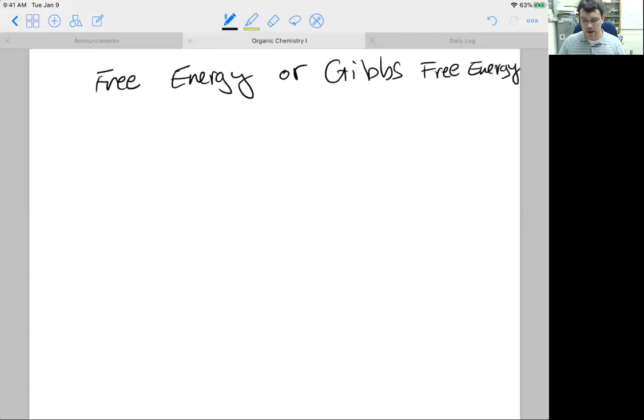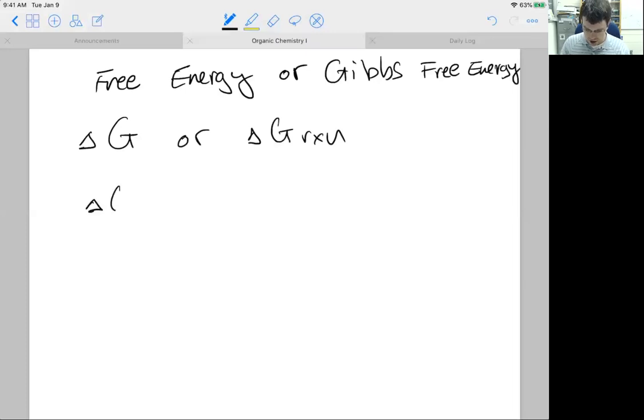So Gibbs was an important scientist, and so we named the free energy after them. And so this is often called the delta G or delta G of reaction. It's a lot like the delta H or delta H of reaction, but it takes into account entropy. So this is, again, the Gibbs free energy.